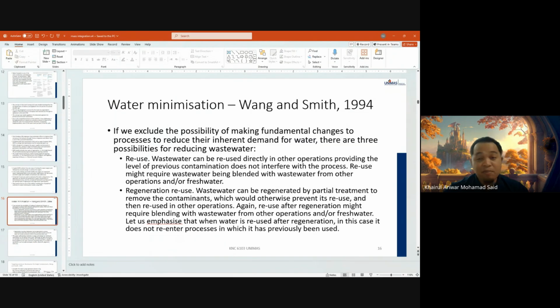In their groundbreaking 1994 paper, Wang and Smith established that if we exclude making fundamental changes to the process chemistry, there are three and only three suitable pathways to reduce the wastewater in the industrial plant. The three are direct reuse, regeneration reuse, or regeneration recycling. Only three.